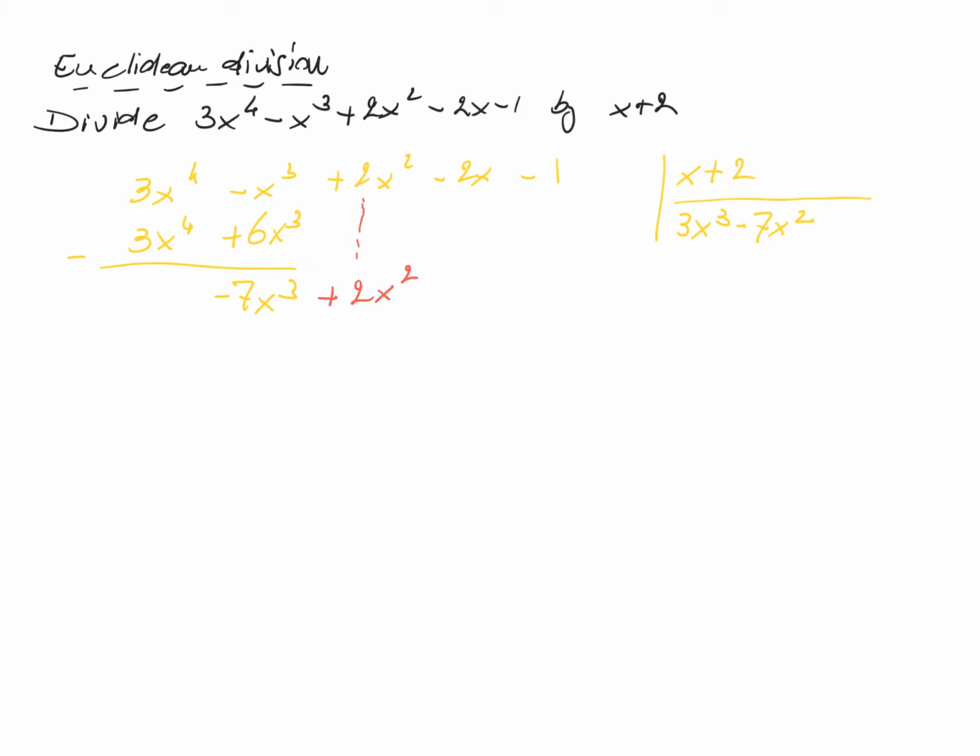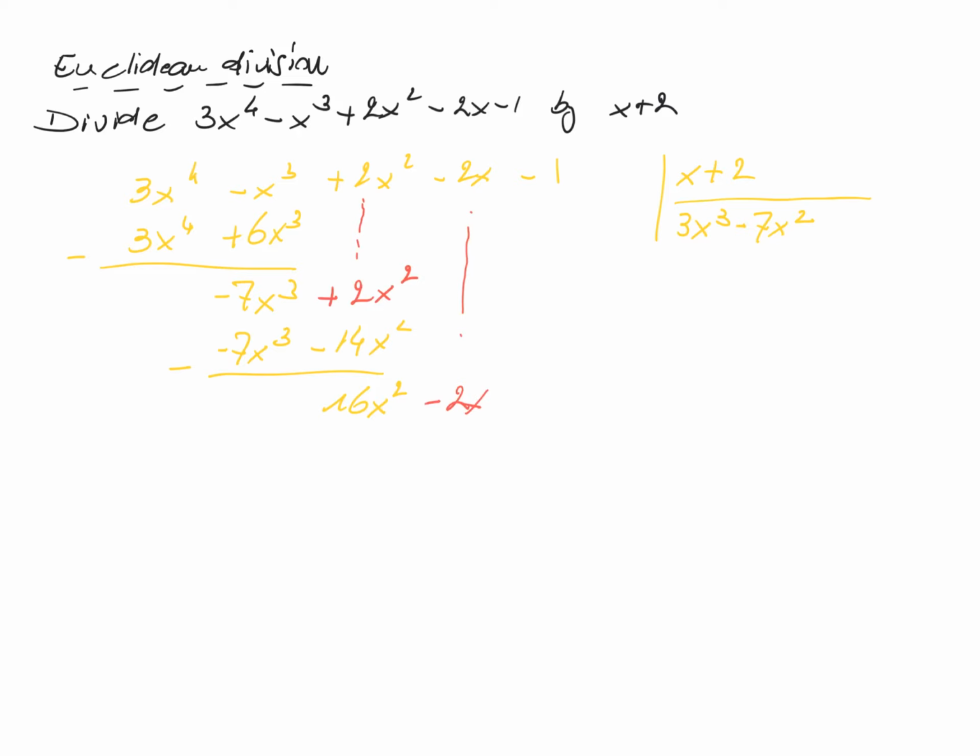So minus 7x squared times x plus 2 is minus 7x to the power 3 minus 14x squared. And then we subtract this from what remains of p of x. So again, the first term becomes 0. And then we have 2x squared plus 14x squared, which gives me 16x squared. We drop the following term, so the minus 2x.